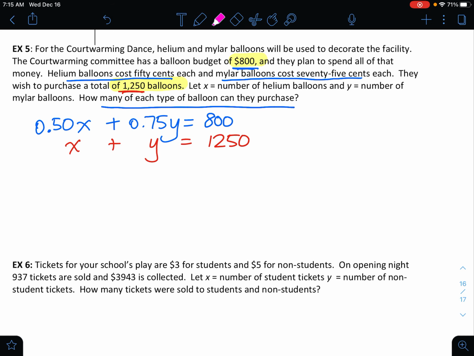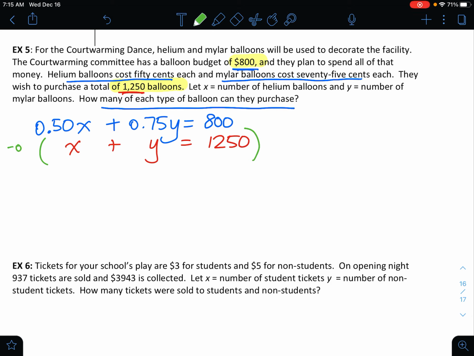So here's what I'm going to do. I'm going to change the bottom equation by multiplying by a negative 0.5. I'm going to rewrite over here to the side the first equation, because I do not need to make a change: 0.50X plus 0.75Y equals 800, and then multiply in the second.